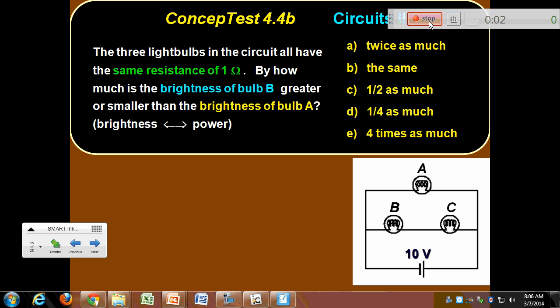Okay. Just a couple more, and then we'll move on to other stuff. Remember here your power expressions? I'm going to write them here for you.